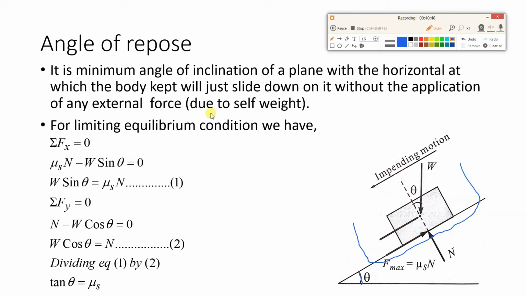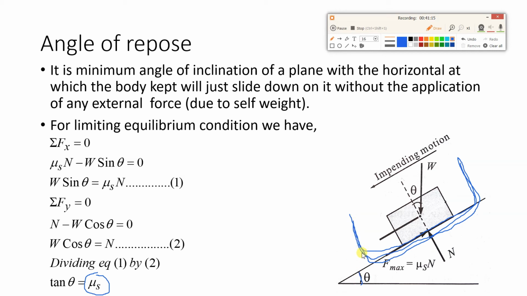The angle of repose depends on the coefficient of friction, and the coefficient of friction depends on the surface roughness and the type of material. So if the tray is made of wood and the inclined plane is made of wood, then the angle of repose will have a particular value.